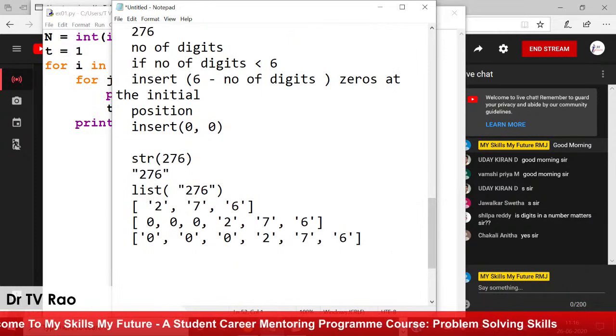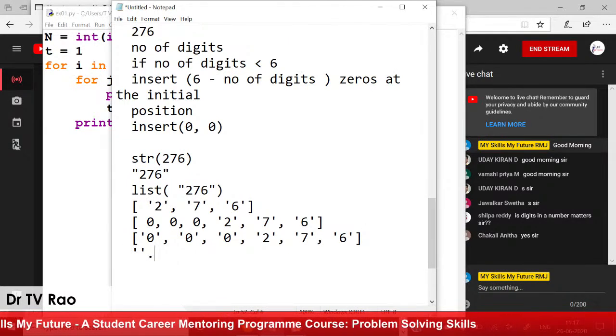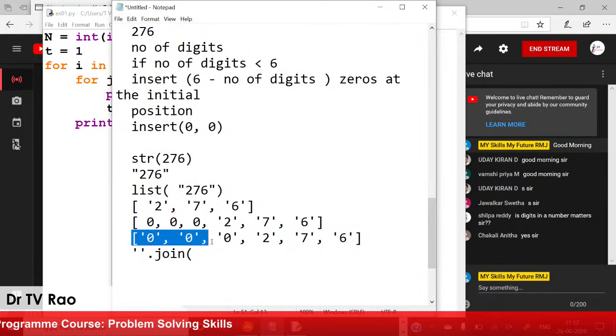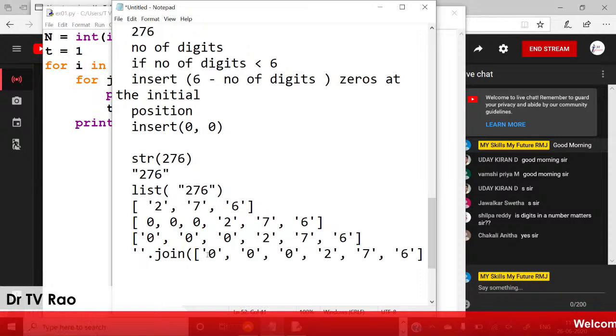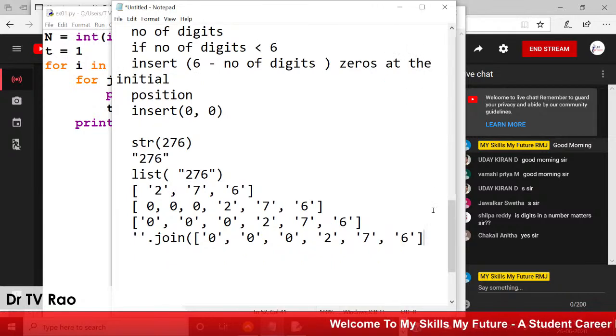Now you can join them with empty string. Okay, so you can join these loose strings with an empty string. So you know the result, right?